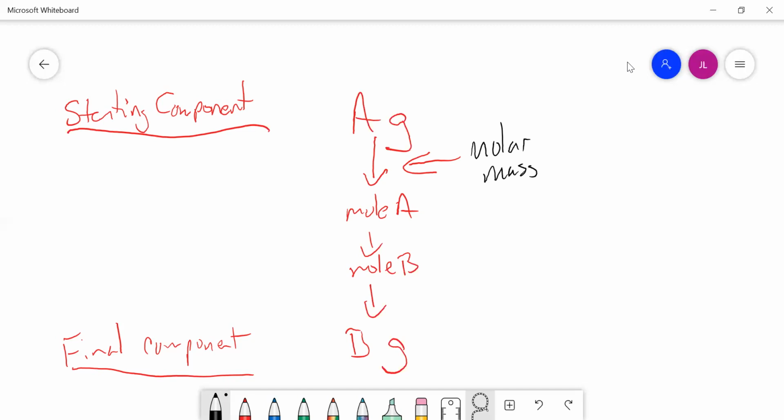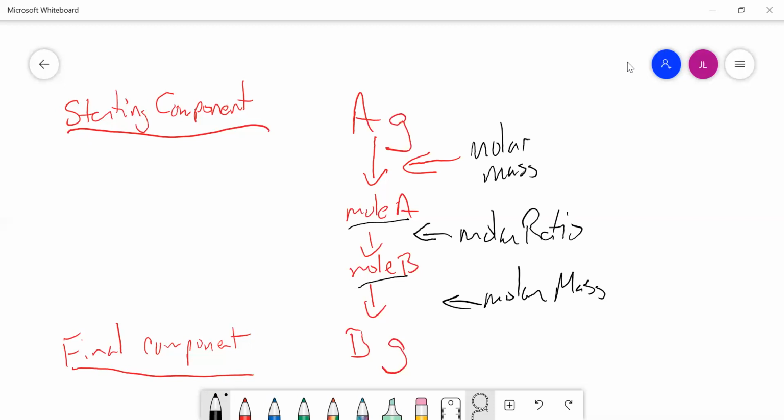When we go from moles of one to moles of the other, we're going to use the molar ratio. And then once we're back from moles, we want to get to grams, again we're going to use molar mass. And if you're starting with moles, you just figure out where you are on this tree and what you need to do.